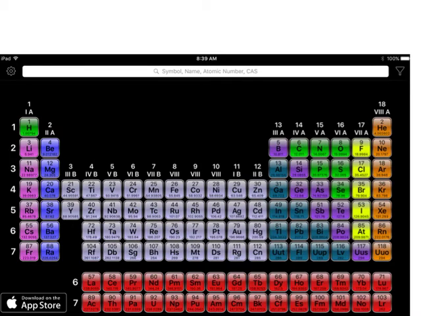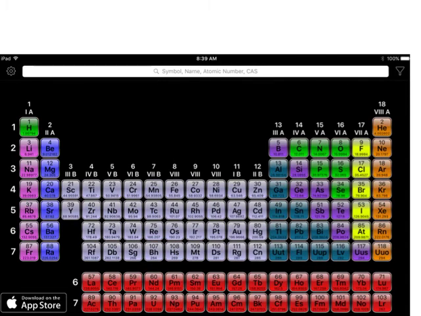The elements are all arranged on the periodic table, and the periodic table that you see here is one that came from a periodic table app that I have. All of the atoms are arranged on this periodic table by atomic number, which on this particular periodic table is the number at the top.